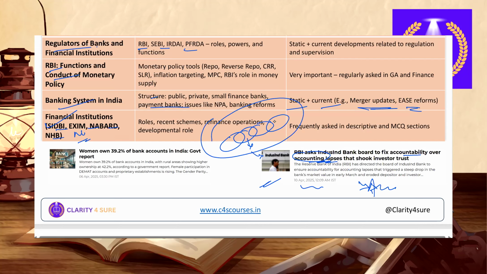See here, women own 39.2% of the bank accounts in India. This is a report by the government of our country. It means somewhere financial literacy among women is increasing. But is opening a bank account sufficient?